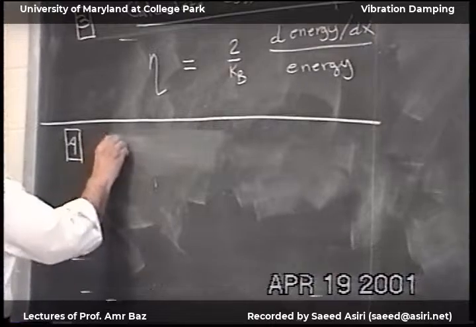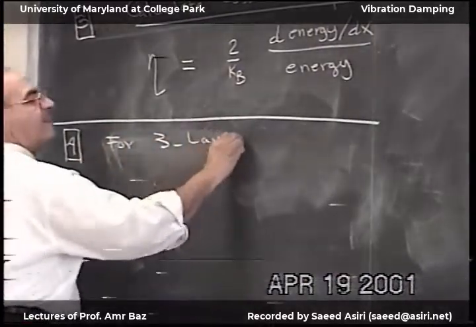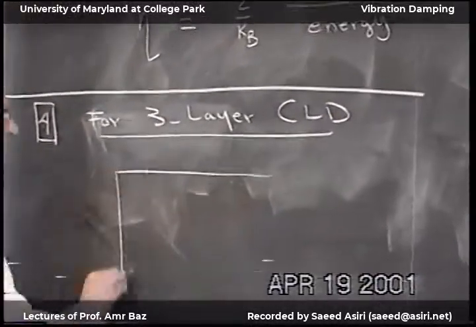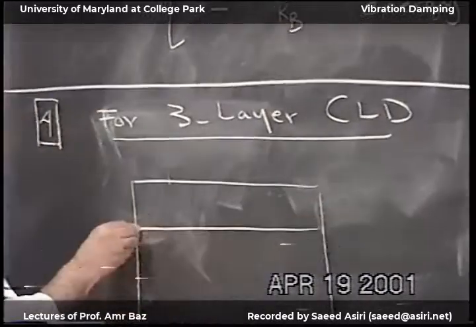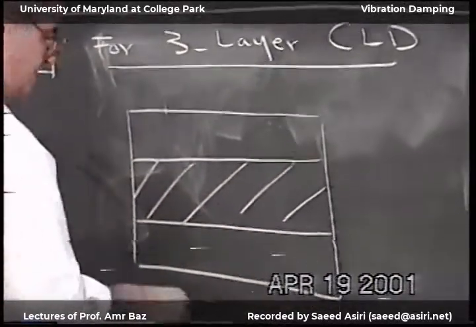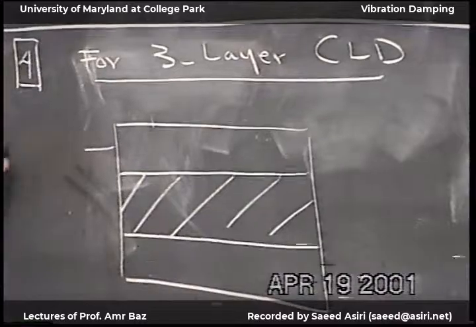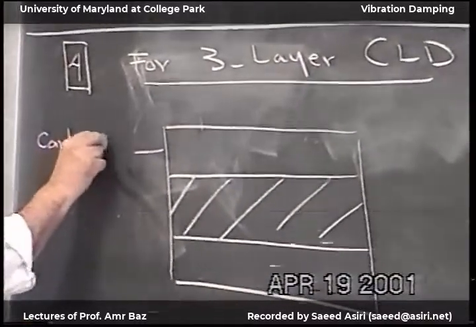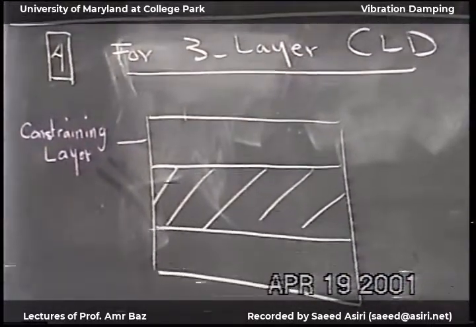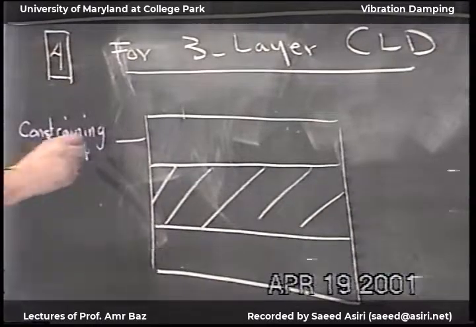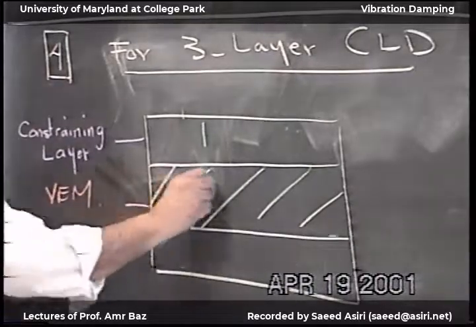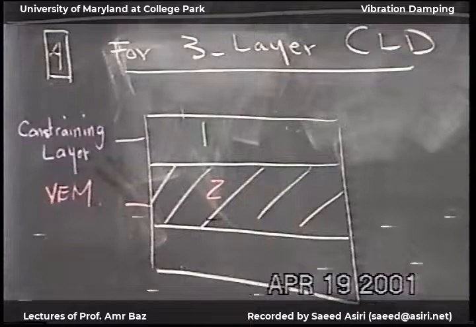For the 3-layer constrained layer damping, this is the constraining layer, 1, and then this is the viscoelastic material, 2, and then the base structure is 3.